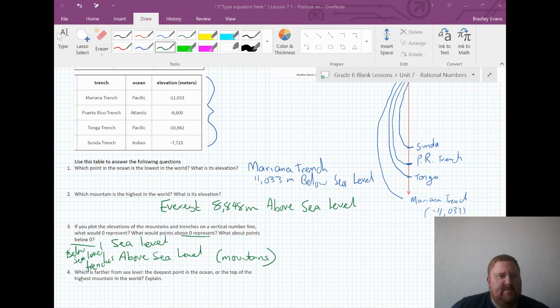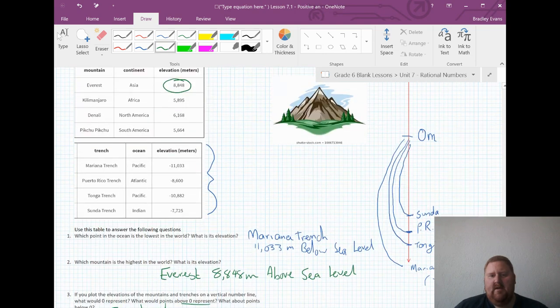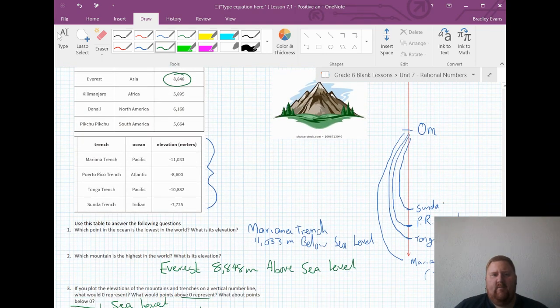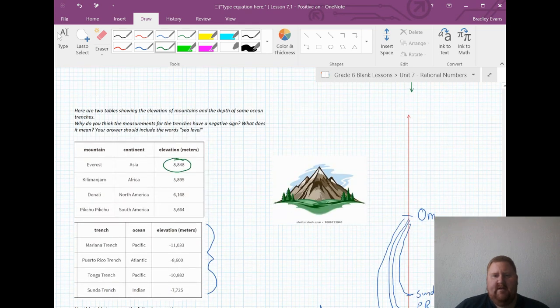And our lucky last question, which is further from sea level, the deepest point in the ocean or the top of the highest mountain in the world? So which one is further away from sea level? Well, lucky we have our number line here. And we can see that the Mariana Trench is 11,000 meters away from sea level. It's below sea level. But our Everest here is about 8,848 meters away from 0.